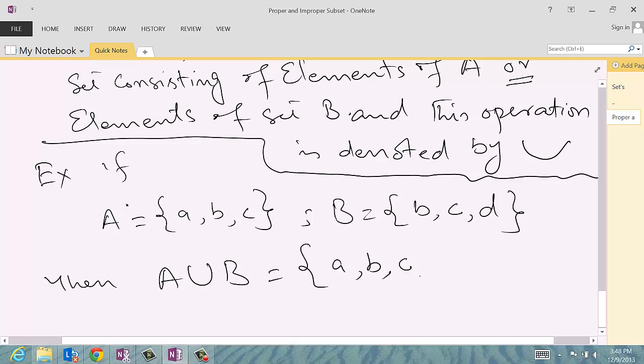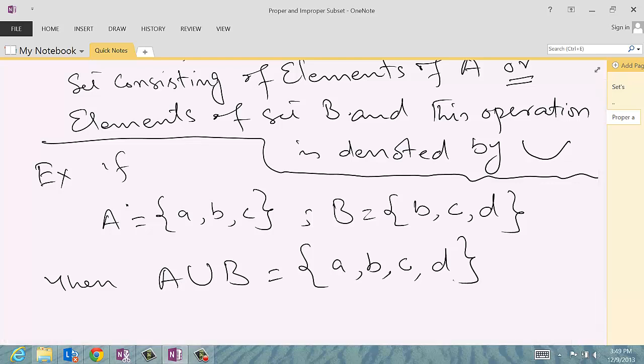So this is A, B, C and D. So all the elements, if they are contained in A or they are contained in B, we collect both the elements in set A and set B, and then we combine them and we make a new set which will be called A union B.